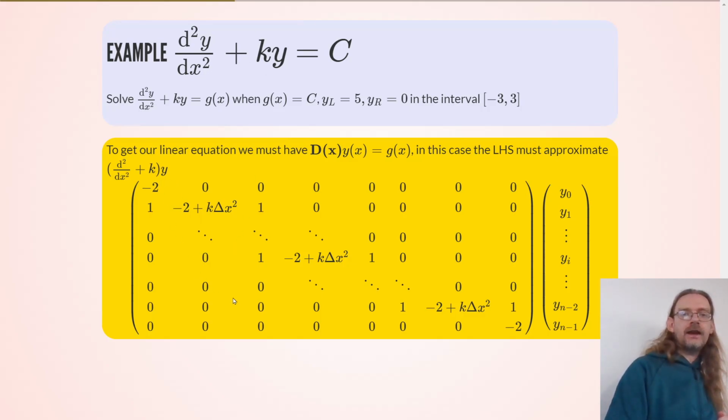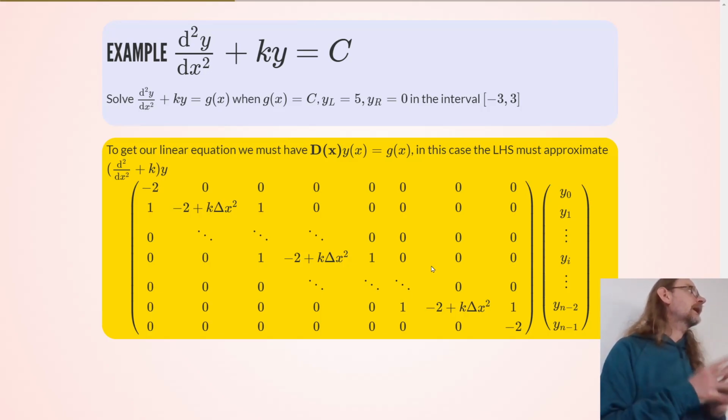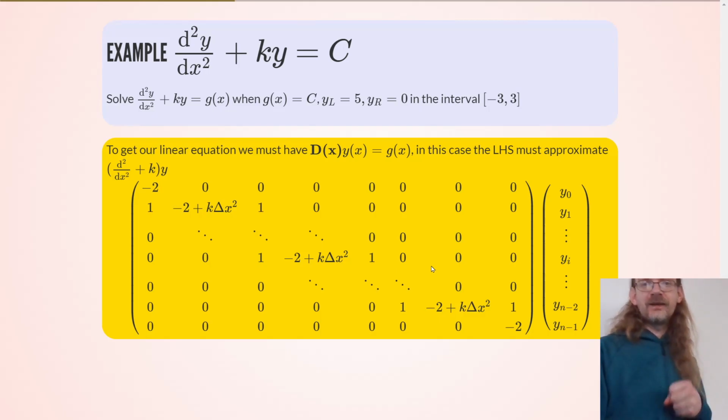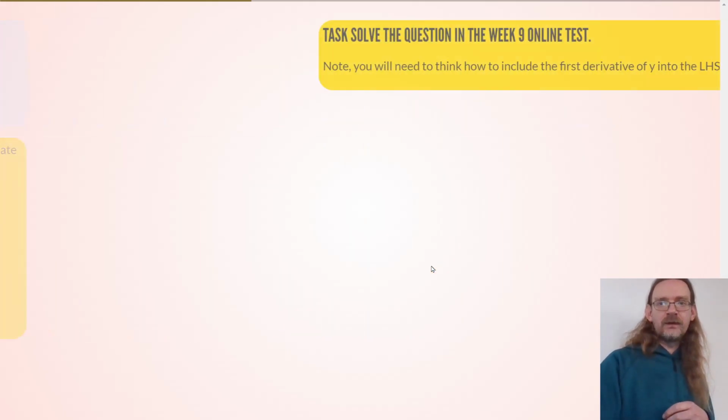We just have to think how we would adapt this equation, our matrix on the left-hand side. So if we've got some constant k times y, we're just going to add in a k delta x squared term. I'll leave you to multiply it out and convince yourself that that works. First derivatives, again, can be put in some form or other. Try it, check it, make sure you're happy with that.